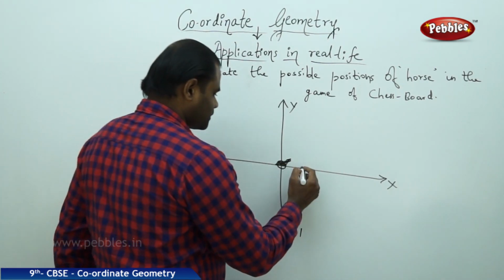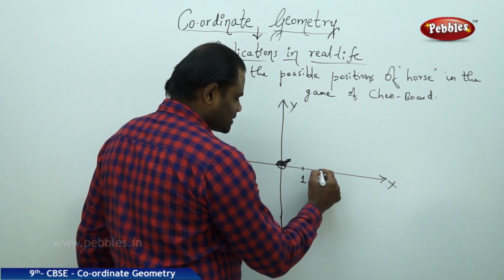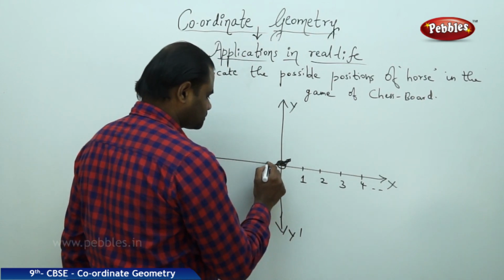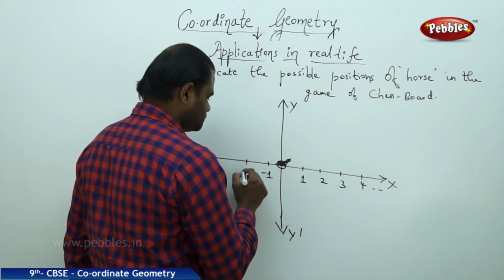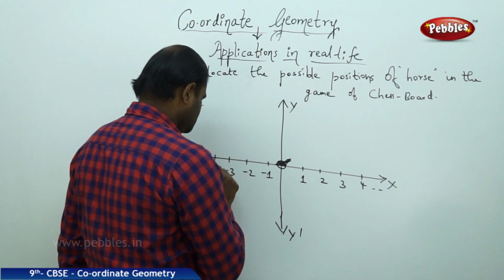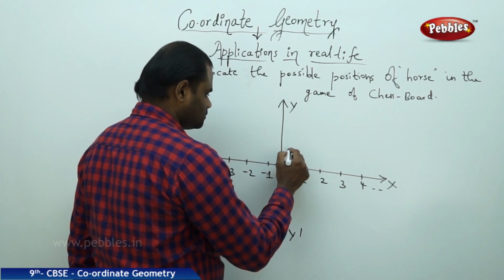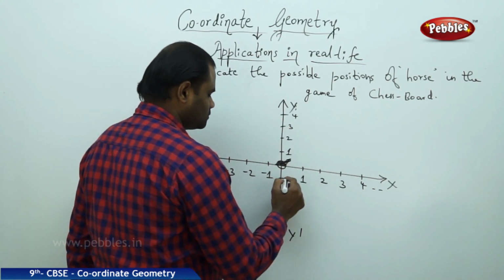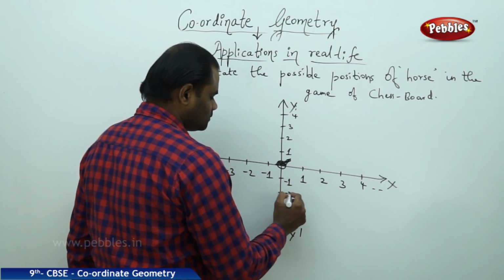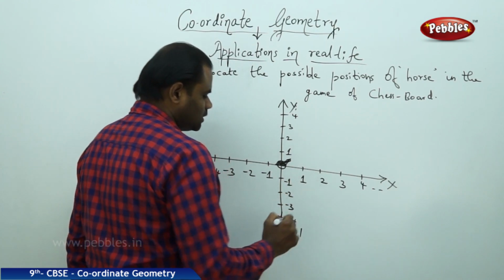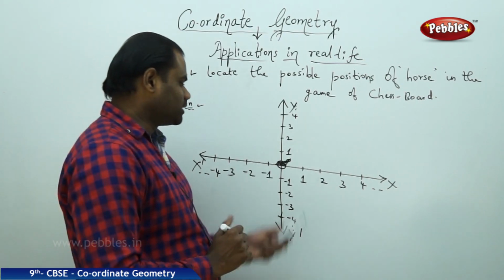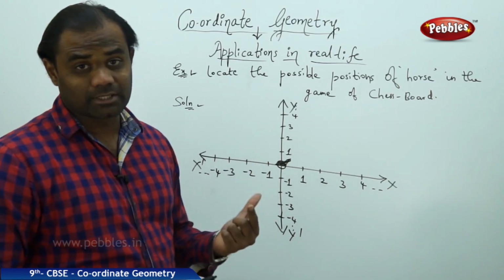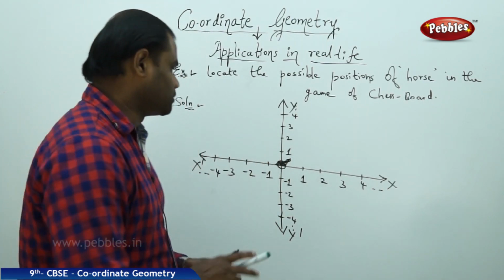Now here, let's take the values on the x-axis as 1, 2, 3, 4, etc. And here comes -1, -2, etc. So with this coordinate system, now comes the assumption that the horse is assumed to be in its initial position, that is at the origin.